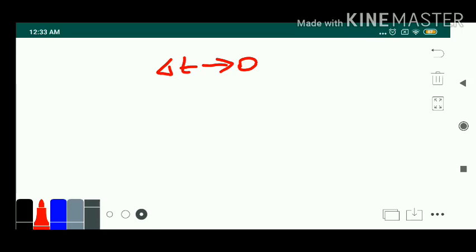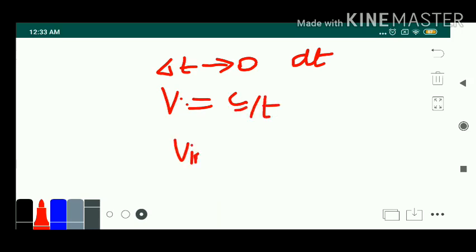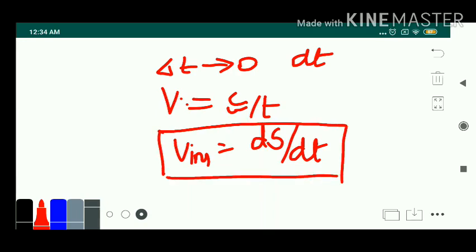So this small time interval we consider as dt. So instantaneous velocity: what is the velocity's basic equation? Distance by time. So in place of displacement, I write small distance by small time interval. This is my instantaneous velocity, ds by dt.